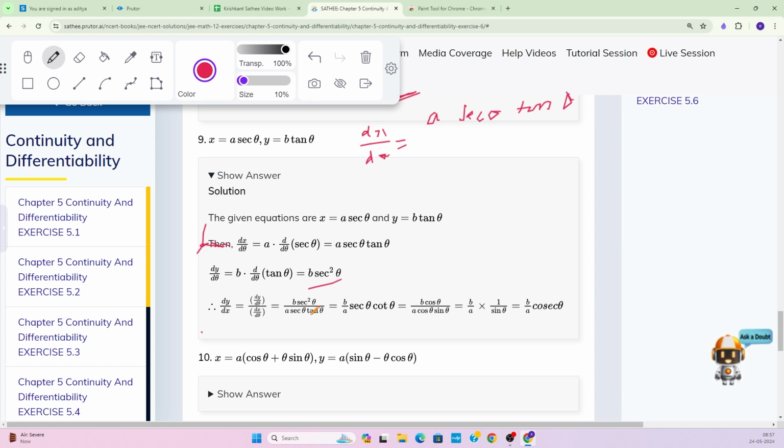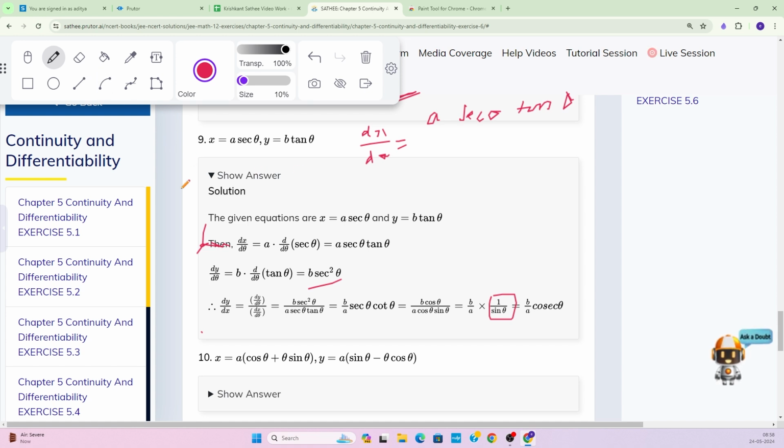It will be 1 by sine, so this reduces to b by a times 1 by sine theta, which is b by a cosec theta, as the reciprocal of sine theta is cosec theta. So your answer for the ninth problem will be b by a cosec theta.